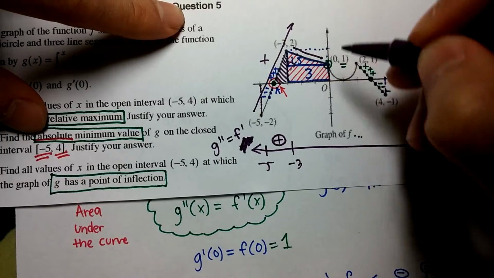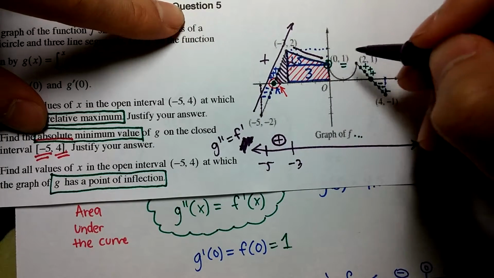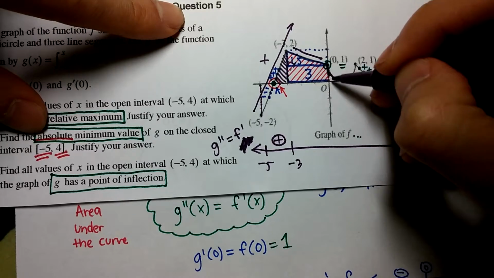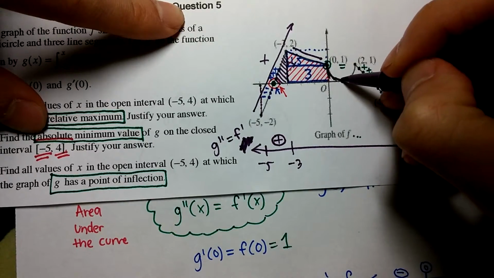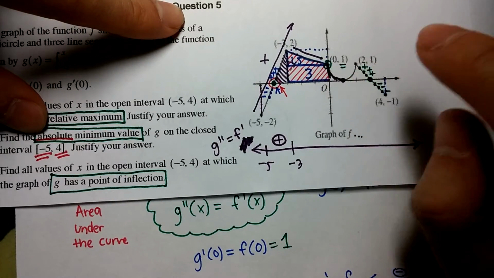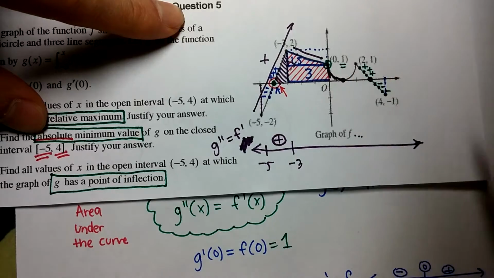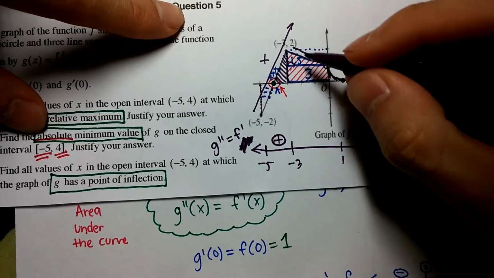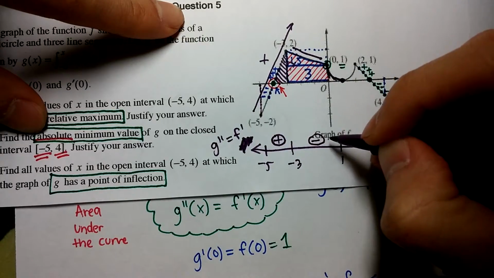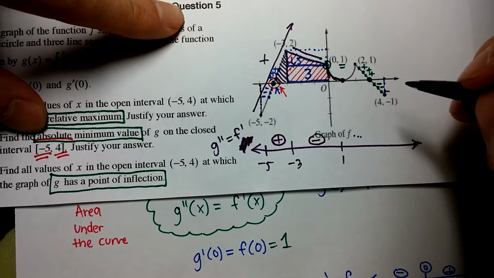This will give you negative tangent lines. In fact, if I take tangent lines here on this curve, these tangent lines are also going to be negative. And then we're going to stop here, and then we're going to change, it seems like. So from -3 to 1, all of these are negative values of g double prime.